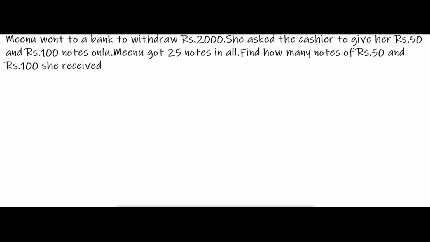So we can take 50 notes as x and 100 notes as y. So 50x plus 100y. She got a withdrawal of 2000. But she got only 25 notes in all. That means x plus y equal to 25.